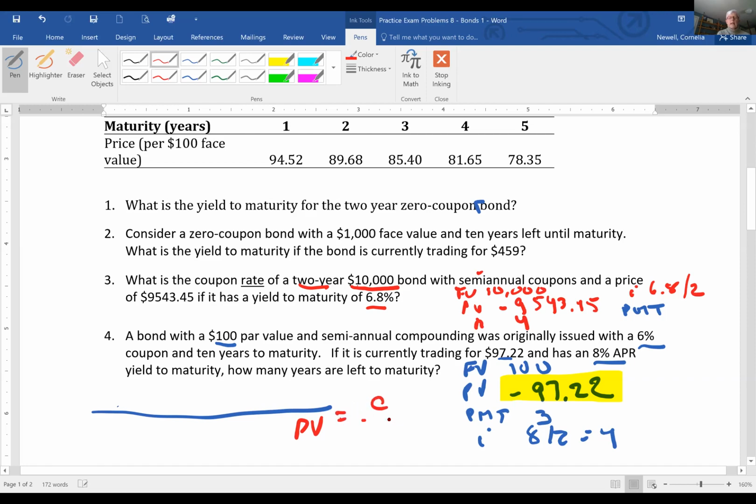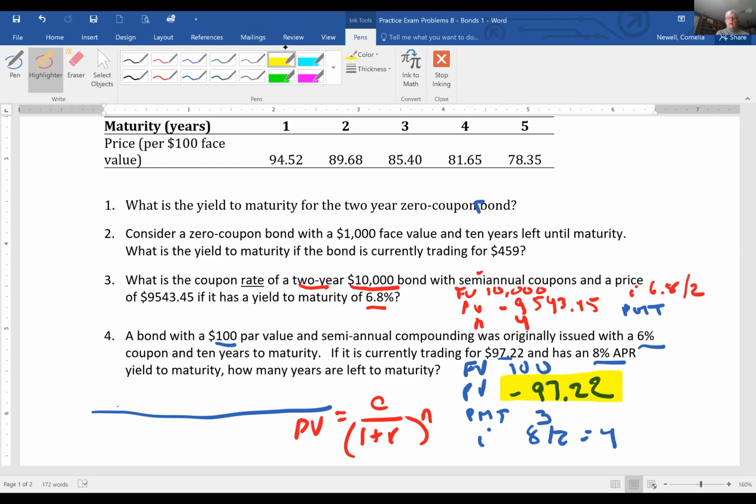But for any given cash flow, if you know what the cash flows are, and you know what the interest is, and you know what the present value is, you can solve for N. So we know what the yield is that we're getting.